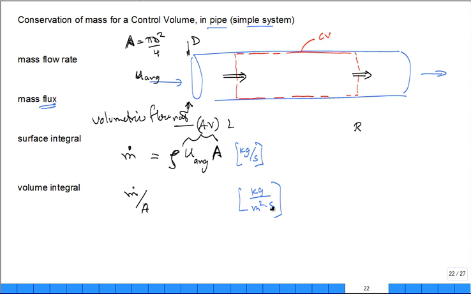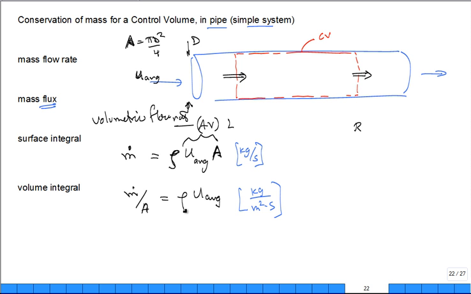So it's the mass flow rate per unit area. It's the mass flux. Flux is a common term. I don't introduce a new symbol for it, just m dot over A. But look what it is. It's rho U average. True? So that's the mass flux.